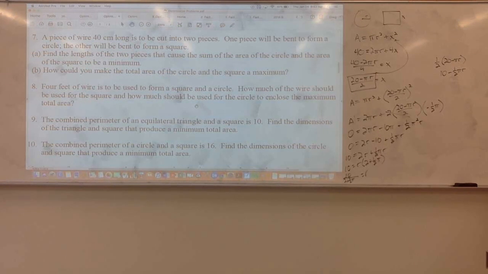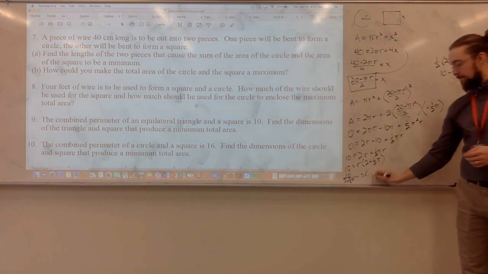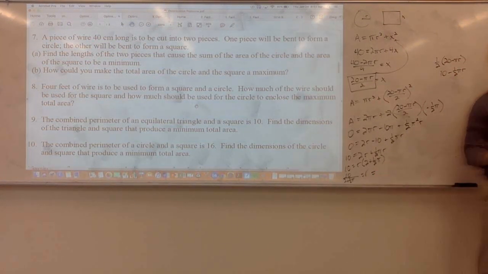So that is the exact number, but we could put it into the calculator to get a decimal. So what would that be if we get a decimal for that? Probably, yeah, on a calculator.